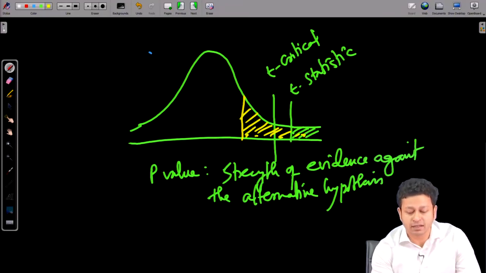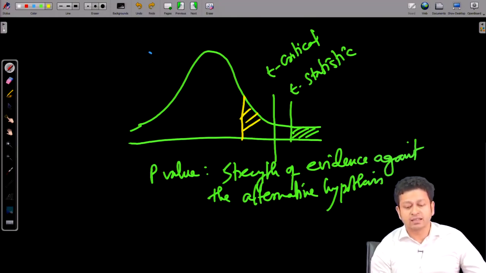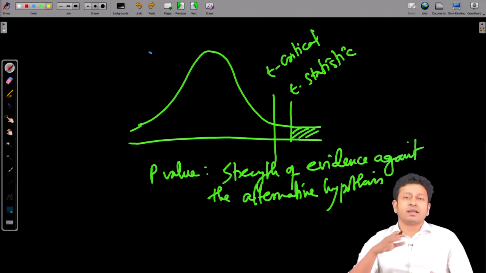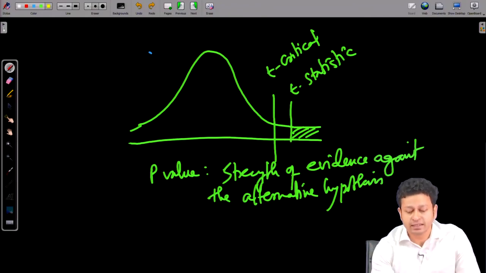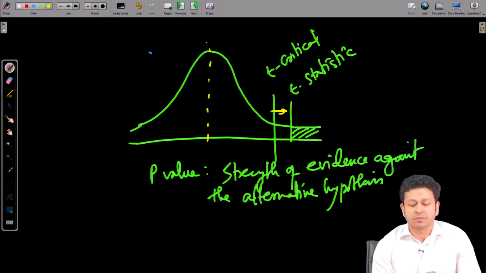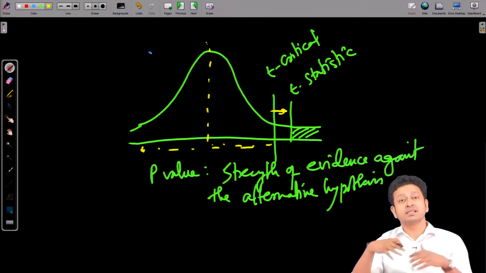This is one way of looking at the p-value. The other way of looking at it is that the evidence you have got is so extreme from your null hypothesis value that even after giving so much width of the interval, your evidence is falling beyond that.